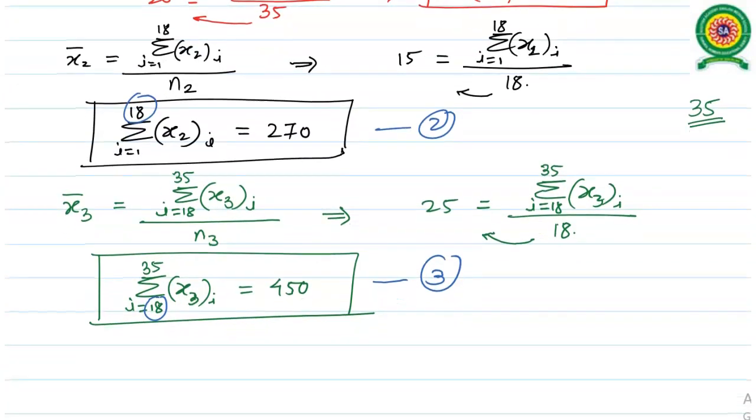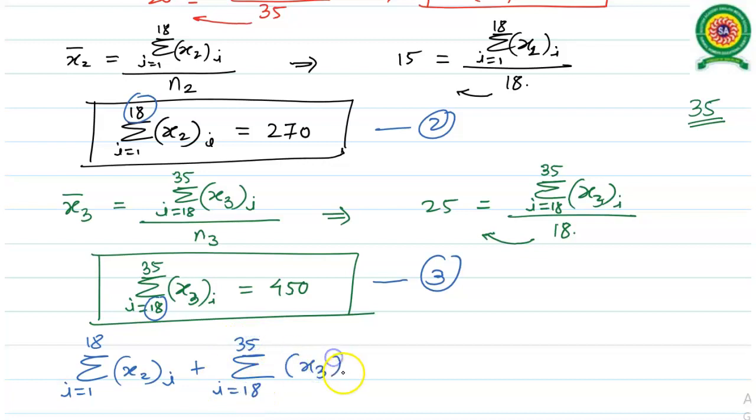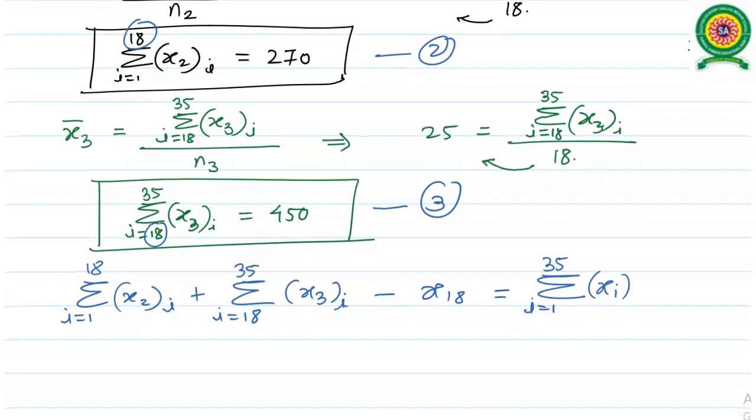That means once we add up the sum of the first 18 observations, i running from 1 to 18, and the sum of the last 18 observations, i running from 18 to 35, and then subtract one of the x18 values, that should equal the sum of all observations, i running from 1 to 35, because here 18 is repeated twice. So one time 18 is added and one time 18 is subtracted. That means we have to subtract x18 here.